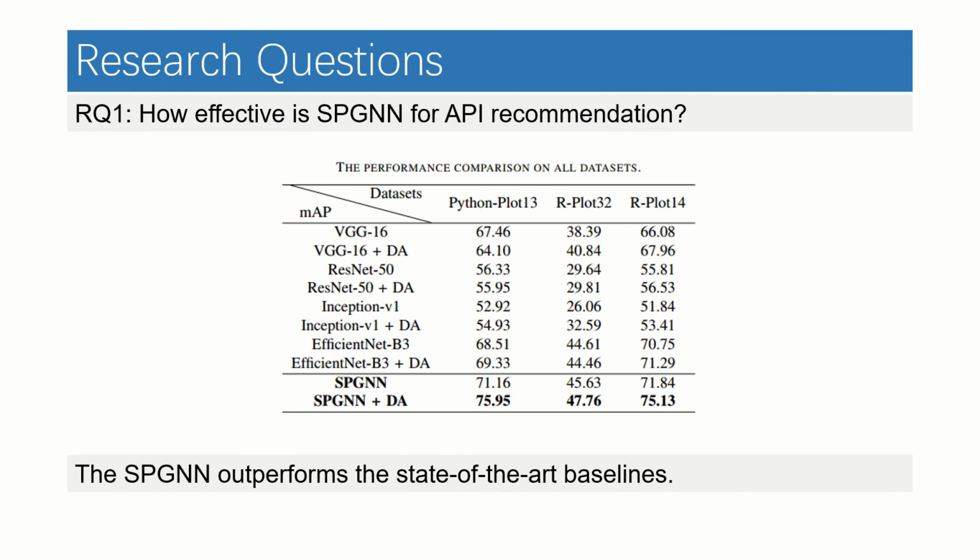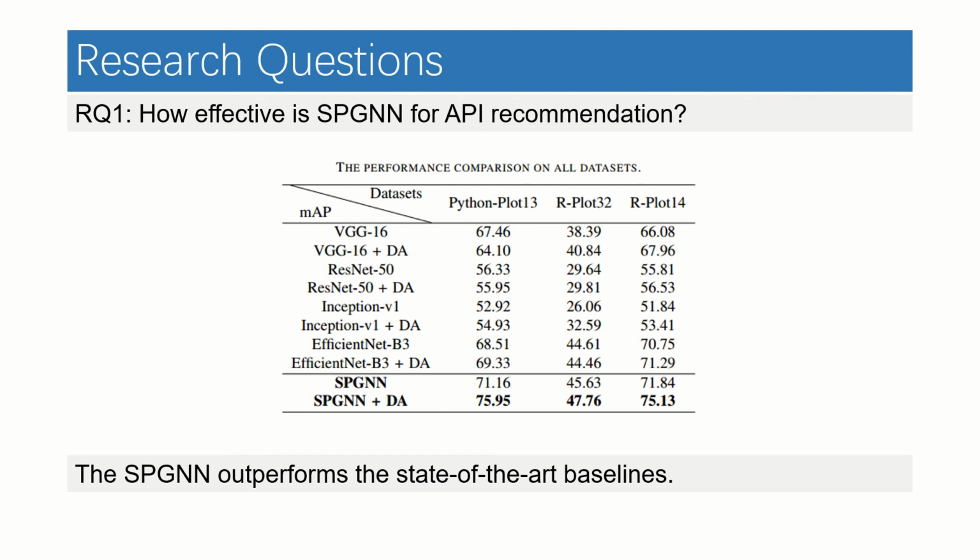We compare SPGNN with 4 well-known image classification approaches. This table tabulates the MAP of different methods on different datasets. Here, we know that SPGNN outperforms the state-of-the-art baselines.